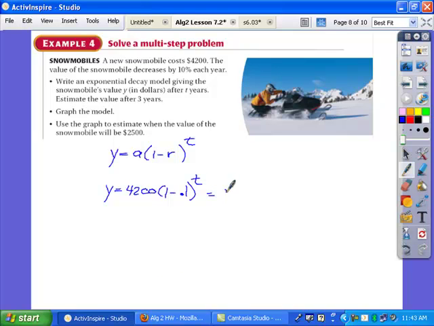Okay. In the second question, they ask us to calculate the value after 3 years. We just use our graphing calculators or any calculator to get that piece.